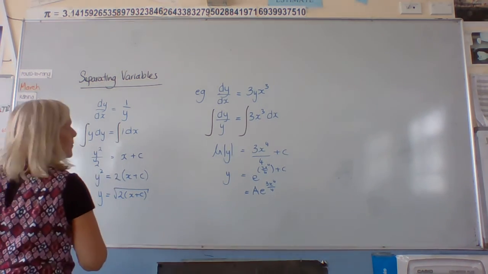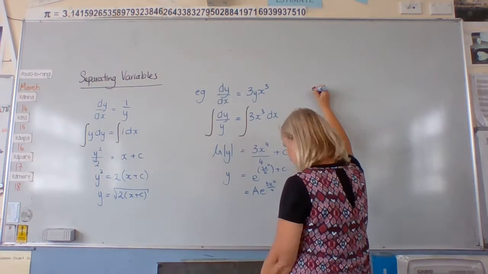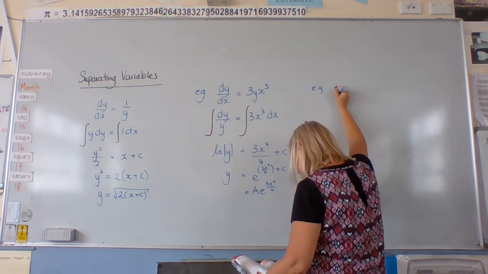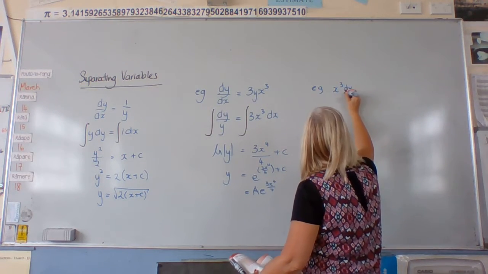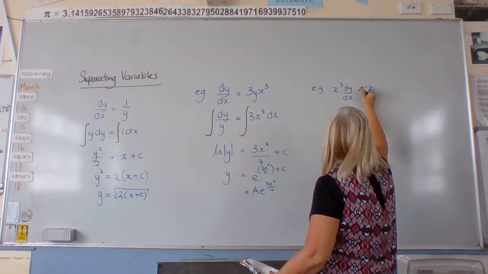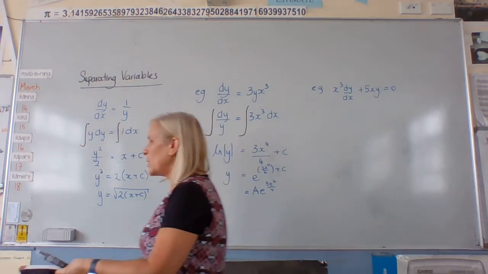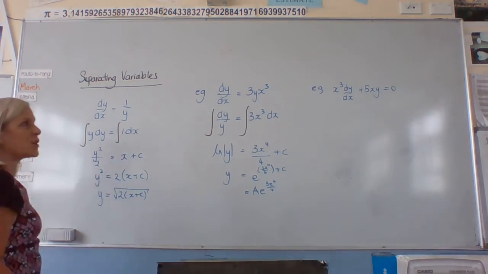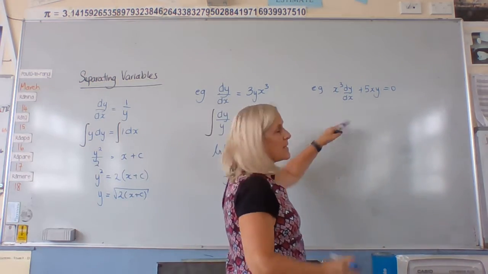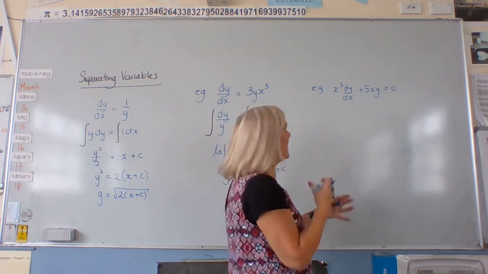So looking at one more, I've got x cubed dy by dx plus 5xy equals 0. All right? I want to write the general solution to this problem. So I need to make sure that I'm splitting it up, x's and y's.